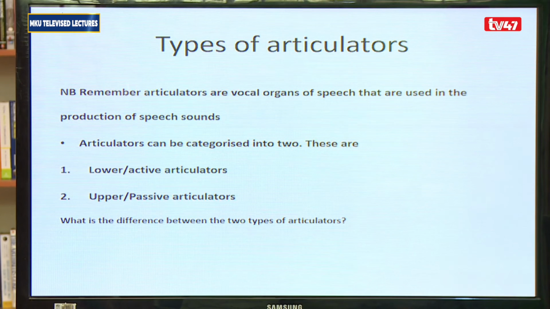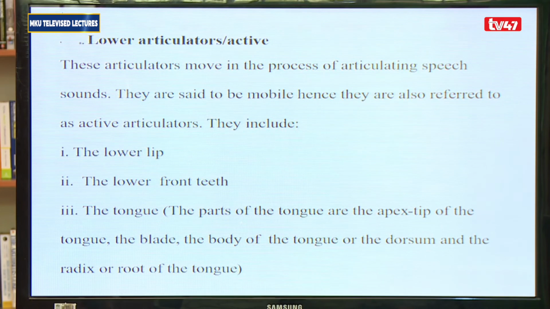What is the difference between these two types of articulators? The lower articulators, or active articulators, are the articulators that move in the process of articulating speech sounds. They are mobile. When we articulate sounds, they move. That's why they are called active.